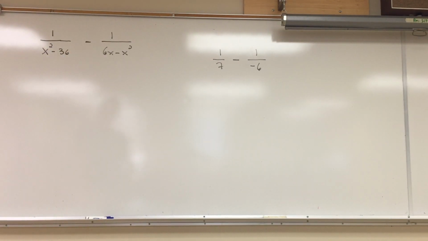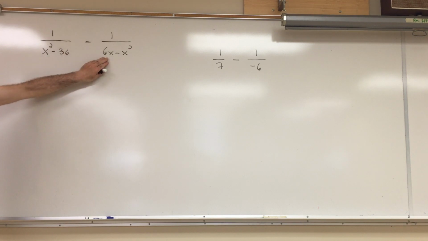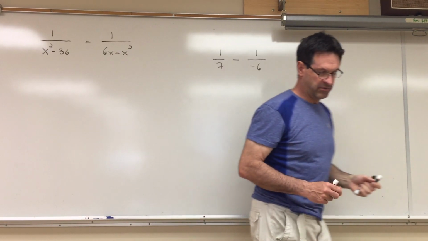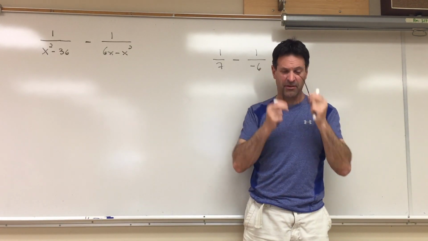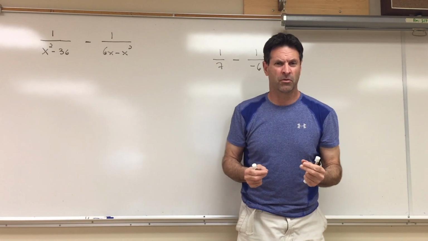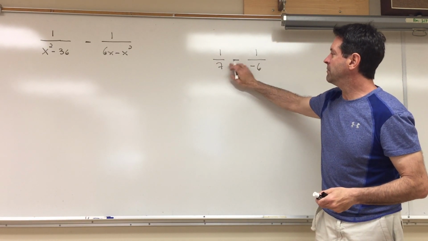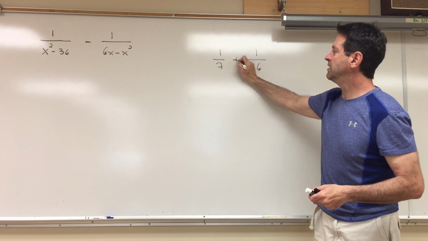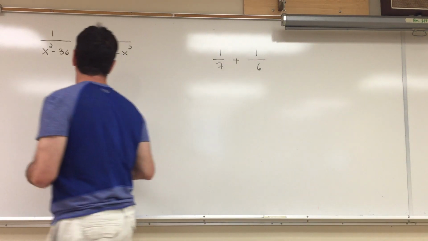Okay, I chose this one: 1 over x squared minus 36 minus 1 over 6x minus x squared. I chose this one for a reason, to try to remember. This one looks like it's written backwards, so we're going to need to straighten this out a bit in order for it to work first. If you have 1 over 7 minus 1 over negative 6, two negatives, we can change that to addition, right? It's kind of the same idea here.